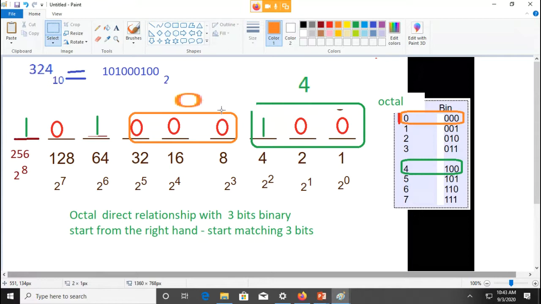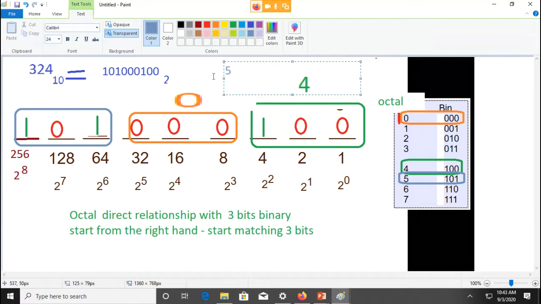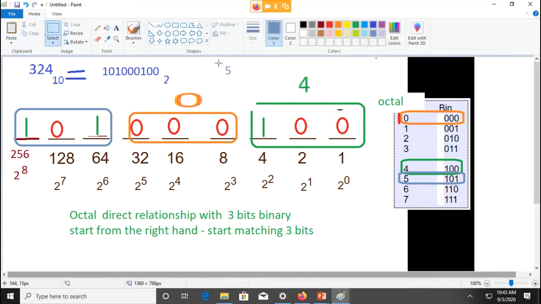So that's just a 0. And then we're going to match the next 3 bits here: 1, 0, 1, which is a 5. So that's the number 5.